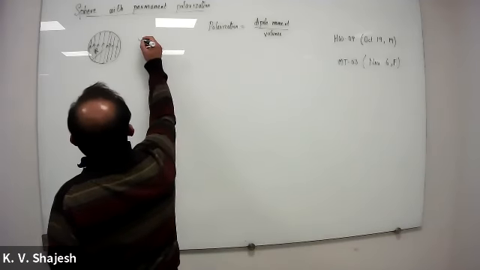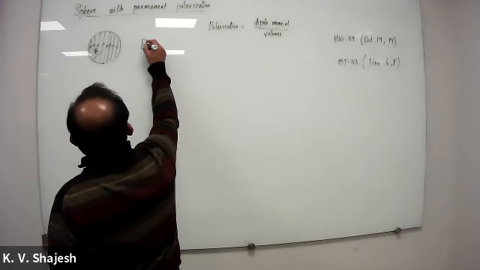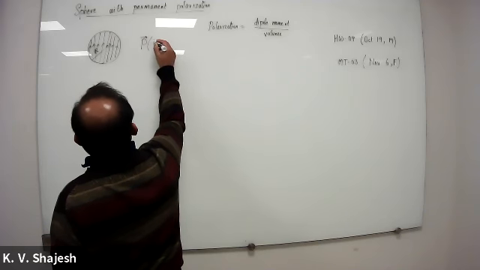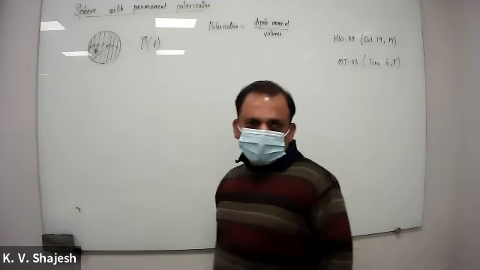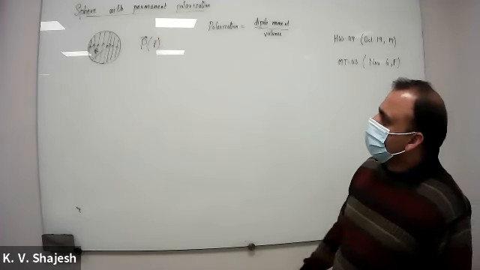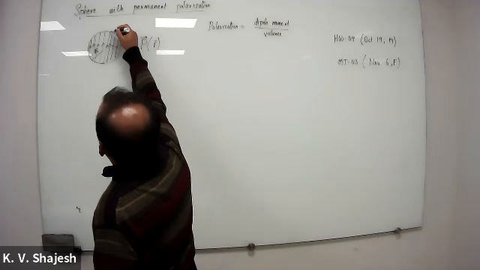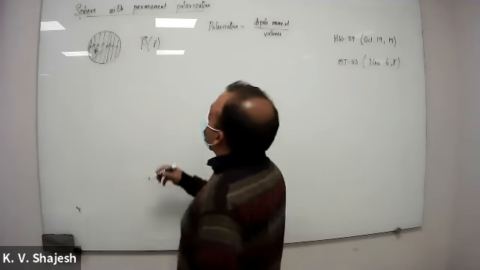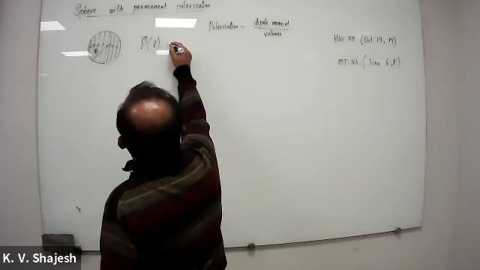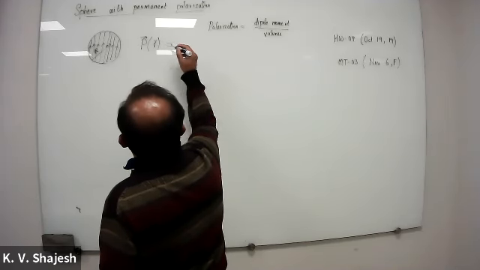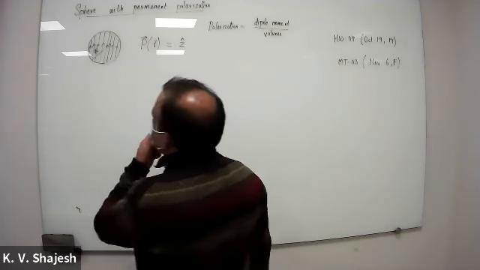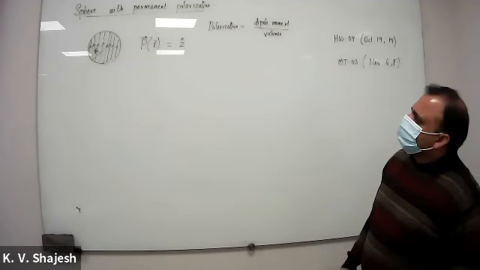So polarization, we say, is P, a vector. A vector has R dependence, but we are saying that it is mostly uniform, except that at the boundary it should stop acting. There should be no polarization beyond the boundary of the radius of the sphere. So this is Z hat, the direction inside the sphere.